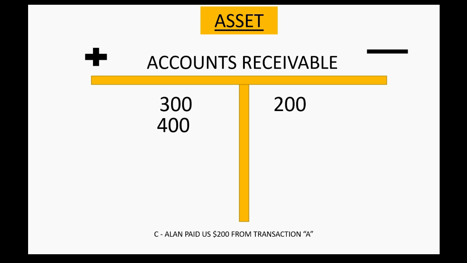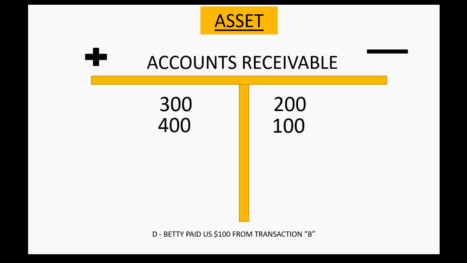So if one of the previous customers who owed money pays some of the money, that would be accounts receivable credit because we will receive less in the future. So even if a different customer paid, any customer who pays, we have to make a credit to accounts receivable and a debit to the other account involved in the transaction.